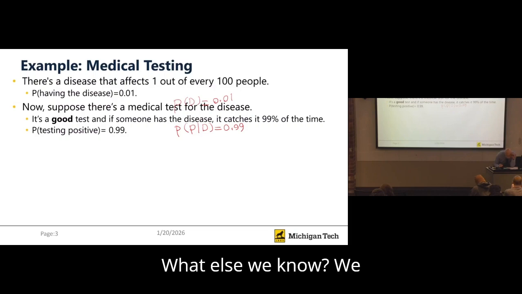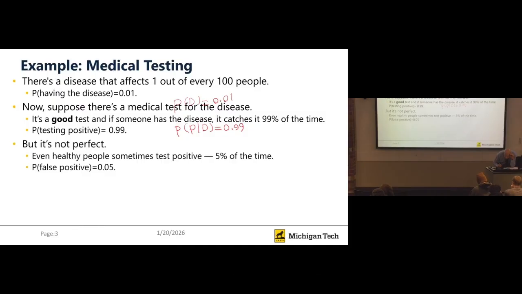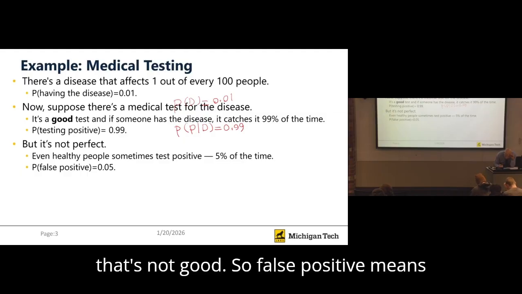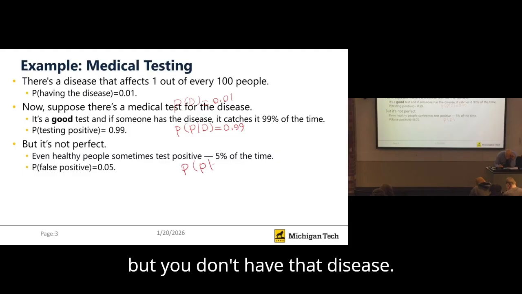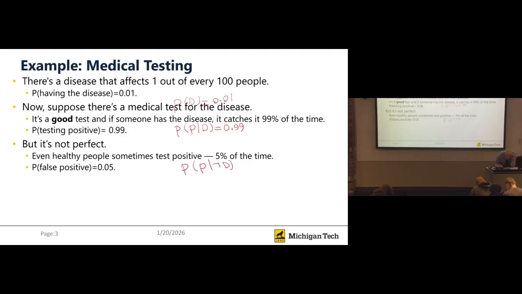What else do we know? We know that this test sometimes has a false positive. That's not good. False positive means the probability of positive, but you don't have that disease.